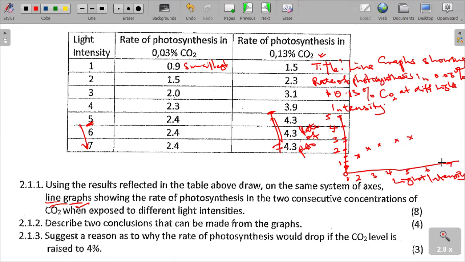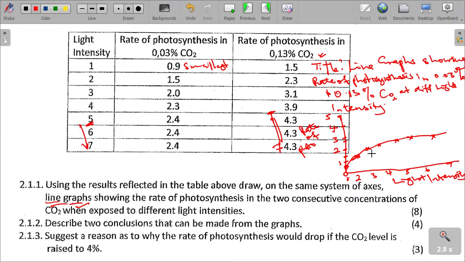And then 7 again is 2.4. So I'm just drawing my graph like this, joining my points there. So this is my graph here. I can just leave it like that.